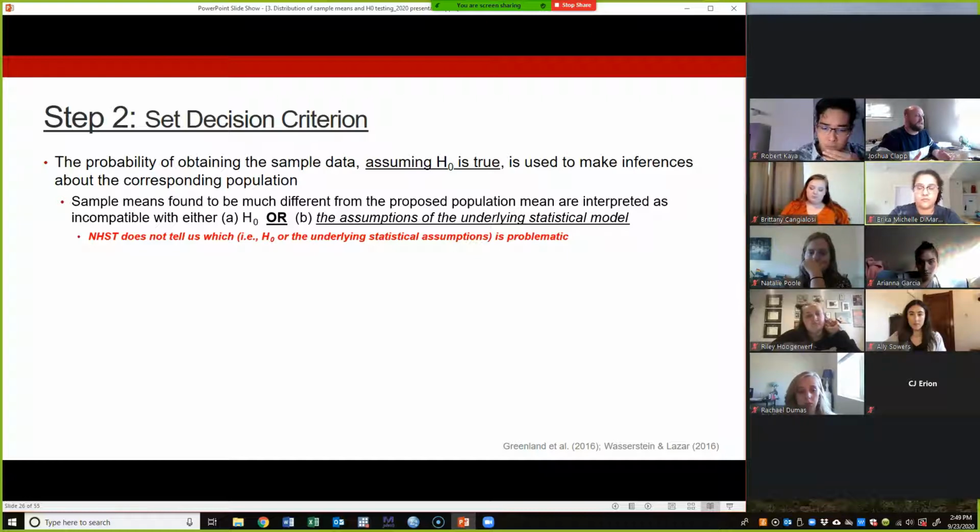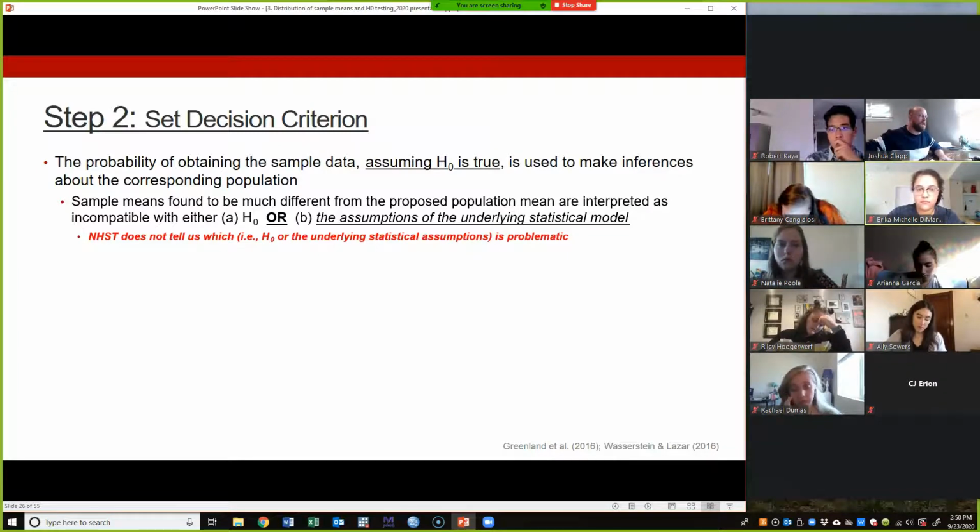It seems like these data are likely drawn from a population that has some score that's not 80. My best guess is 90, but I'm going to have some confidence bounds around that. It just doesn't appear to be pulled from a population with 80, right? So what I would then do is use that as evidence against the null hypothesis and conclude that older adults who take supplements likely have higher cognitive scores than the general population of older adults.